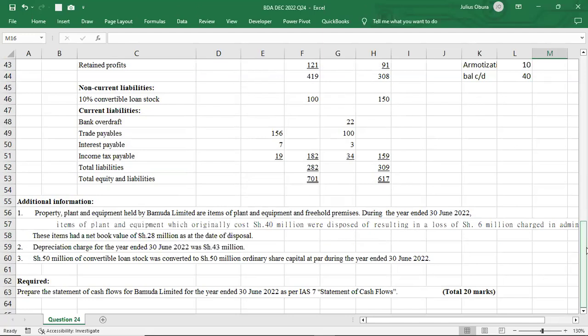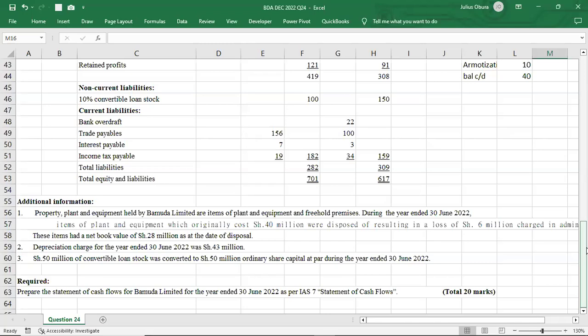During the year ended 30th of June 2022, items of plant and equipment which originally cost 40 million shillings were disposed of, resulting in a loss of 6 million shillings charged in administrative expenses.